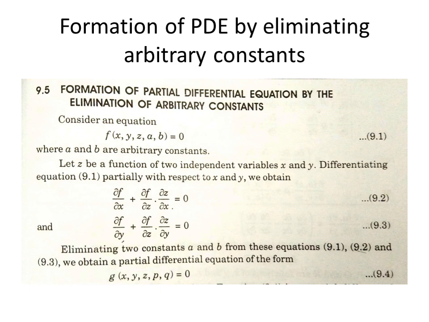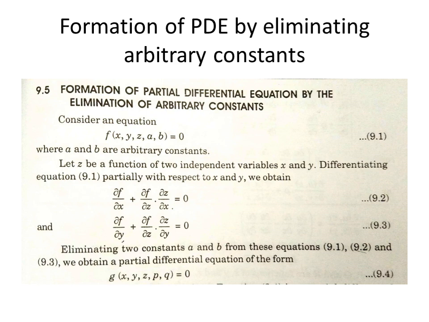Similarly, by partially differentiating equation 9.1 with respect to y, we obtain equation 9.3. Now, by using all three equations, 9.1, 9.2 and 9.3, we have to eliminate two arbitrary constants a and b, which is an ideal scenario, because in mathematics, if we have to eliminate n constants, we need n plus 1 equations.